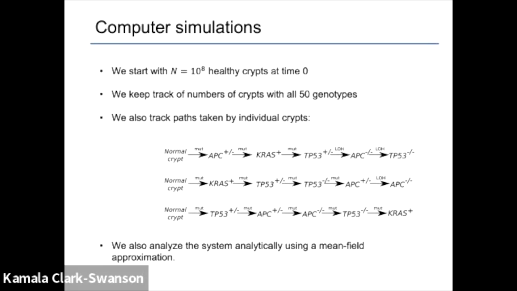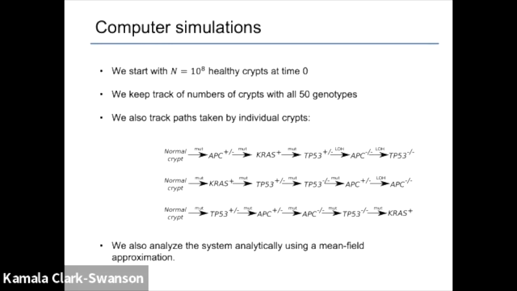But we also keep track of the paths taken by individual crypts. So here you see 5 different paths that reach malignancy that are possible in our model. For example, first we could have a mutation in APC, then a mutation in KRAS, then a mutation in TP53, and so on. So many different options.